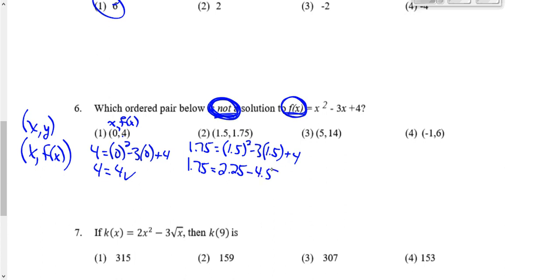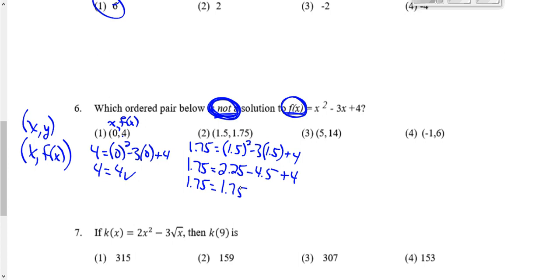Okay. Plus 4? What do you got? What's 2.25 minus 4.5 plus 4? 1.75. So that violates the not part.